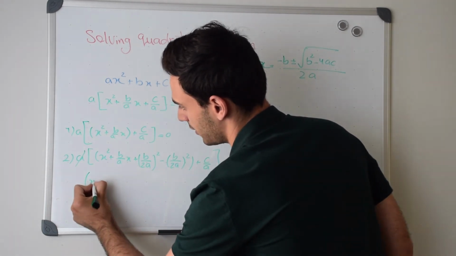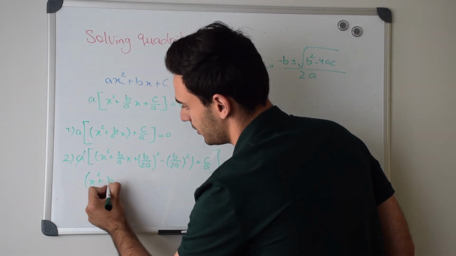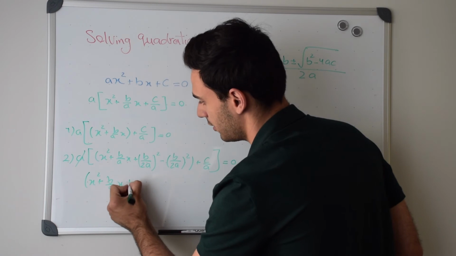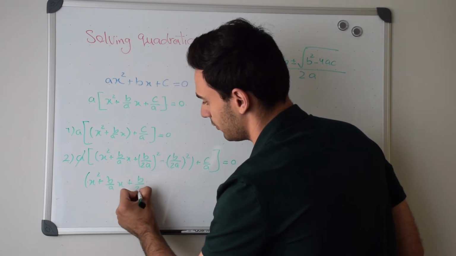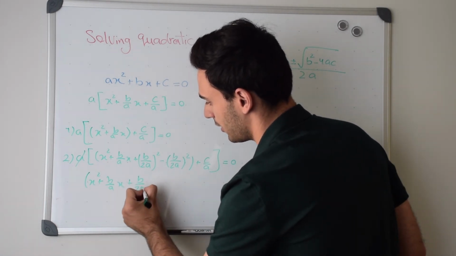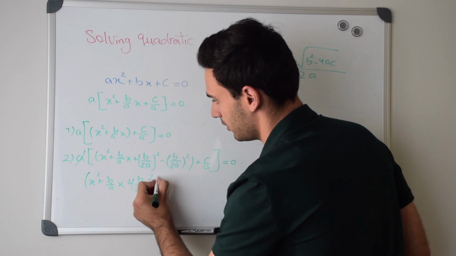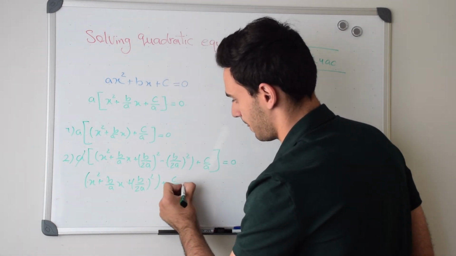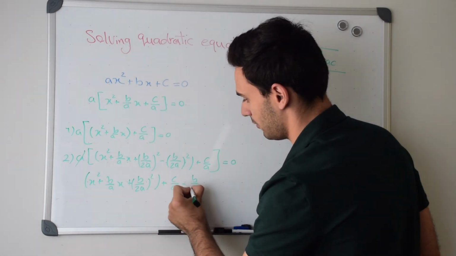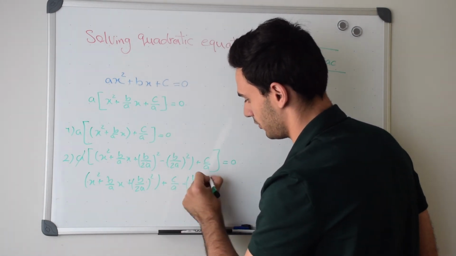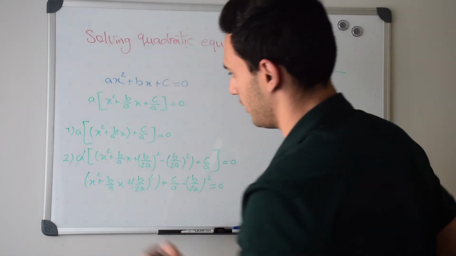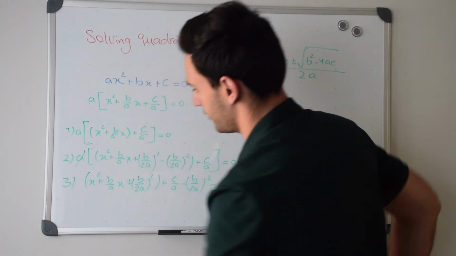So I can have x squared plus b over a x plus b over 2a squared, plus c over a, minus b over 2a squared equal to 0. Okay, this was our third step.